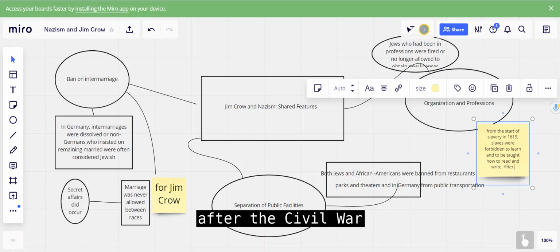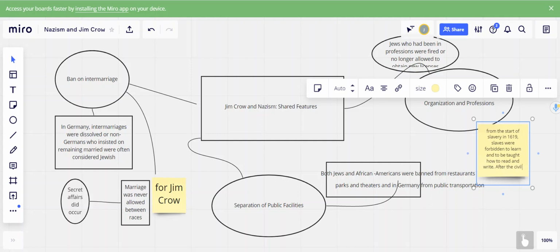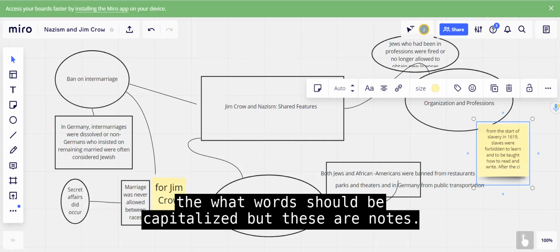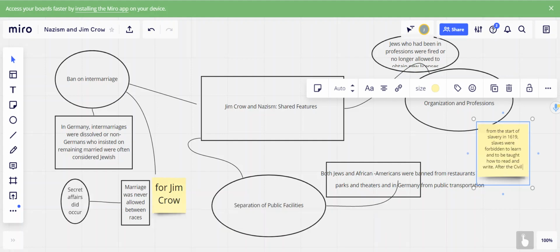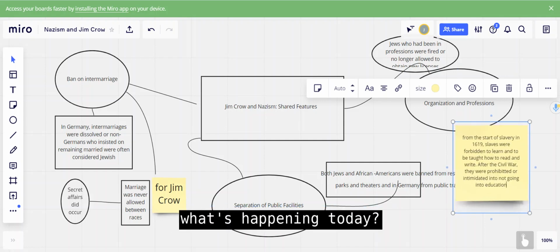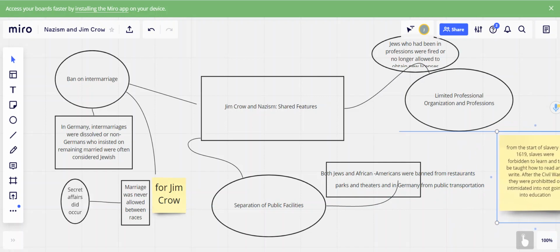After the Civil War, they were prohibited or intimidated into not going into education. Right? And to some degree, that's still what's happening today.